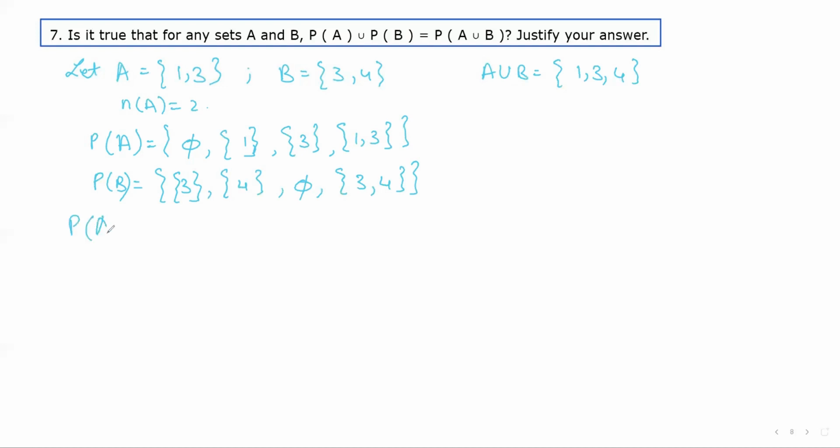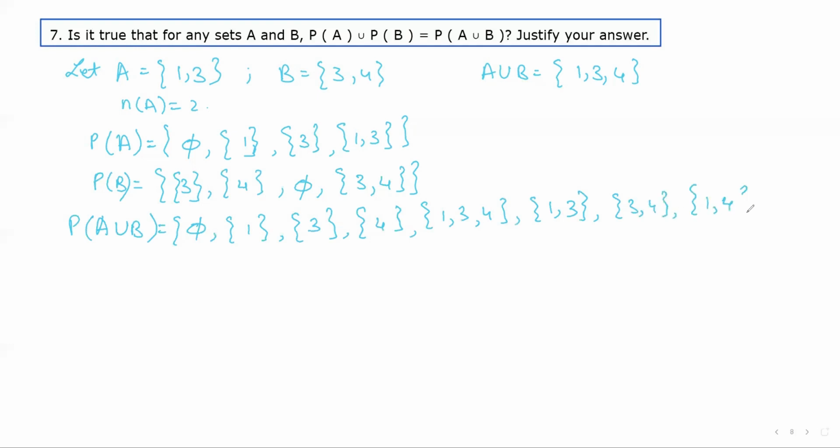Power set of A union B is equal to singleton sets {1}, {3}, {4}, set {1, 3, 4}, and sets which contain 2 elements. Not dual sets, but sets which contain 2 elements.